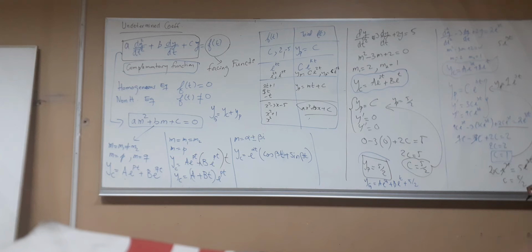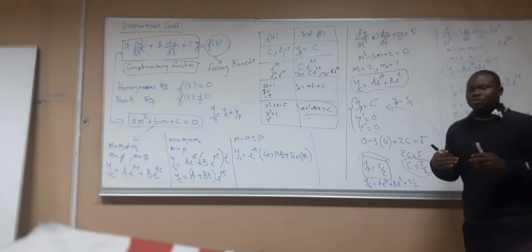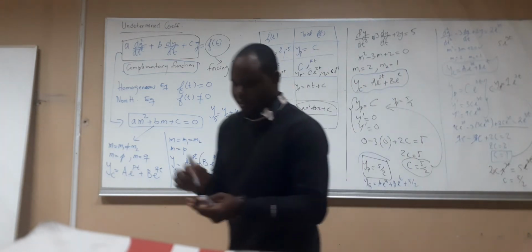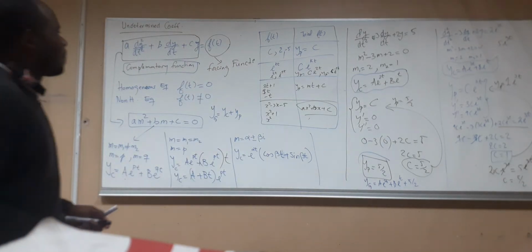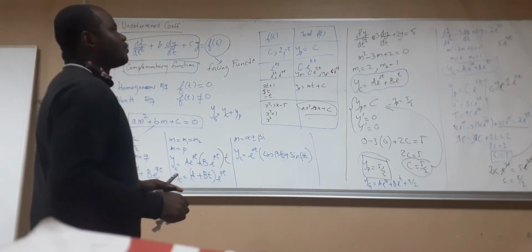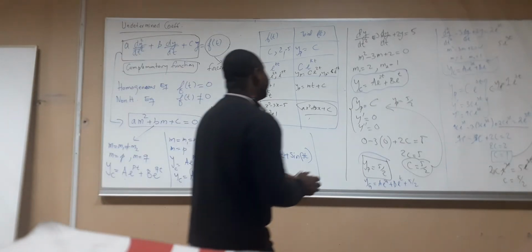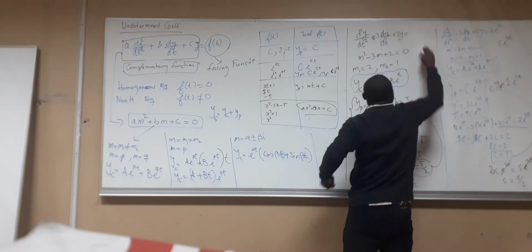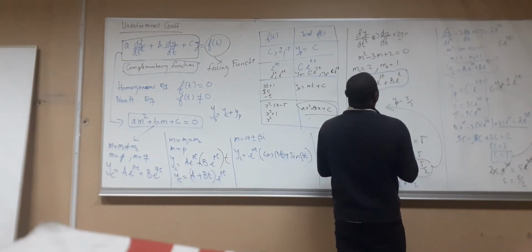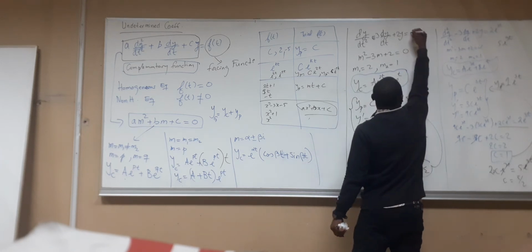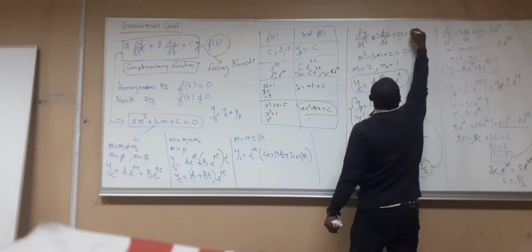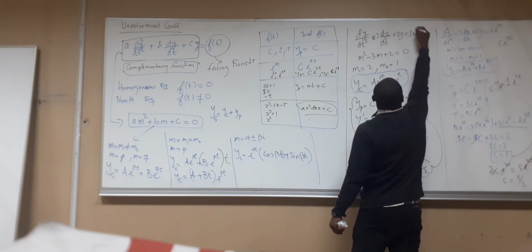Here is another example whereby you will have to think a little bit more. Let's say our forcing function is, I'll take something very similar, 3 e to the power 2t, like this, for example.